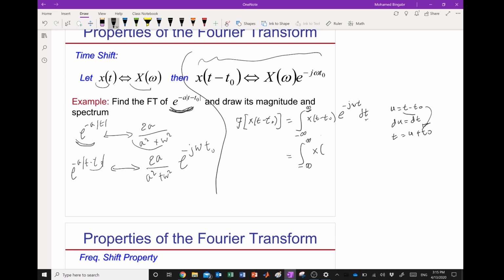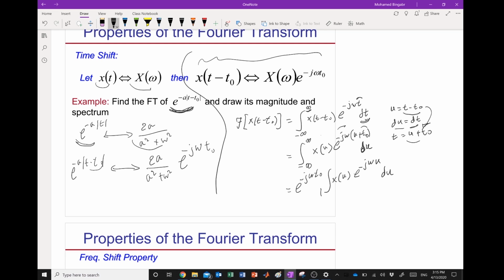Replace t minus t0 by u, e to the minus j omega, replace t by u plus t0, and dt is du. Now e to the minus j omega t0 has nothing to do with u, so it comes out. And this will be x of u e to the minus j omega u du.